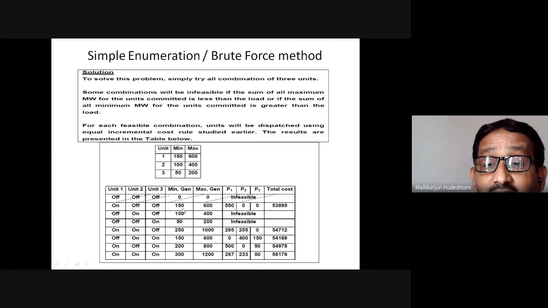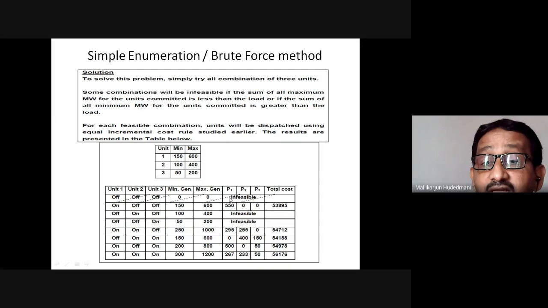Then I will segregate its combinational state by contribution. Suppose in the next columns I have the combination of units, minimum combination column, maximum combination column, and the sharing of P1, P2, P3 for this load. So I have 550 as a target on P1 only.